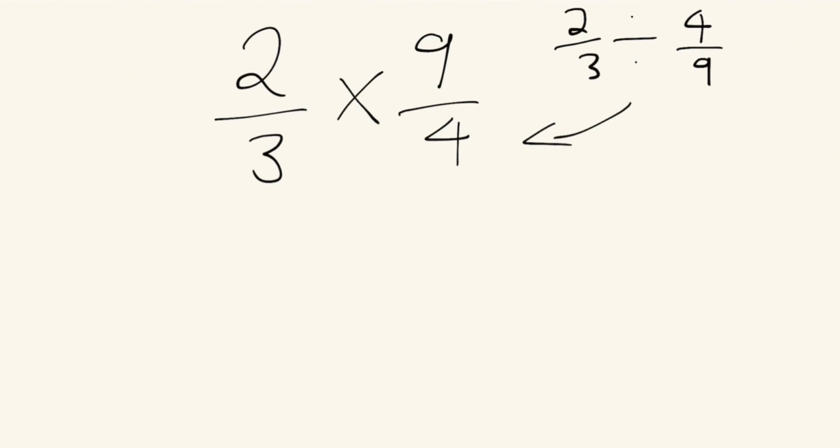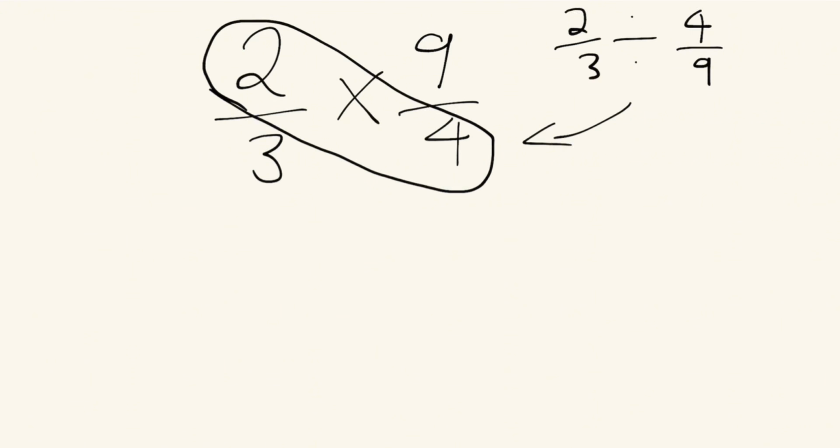Let's look at another way to solve this. So we can keep our multiplication problem, but we're going to teach you how to cross simplify. So we go across and we see how many times a number can go in on both sides. So we can go in with 2 on both sides.